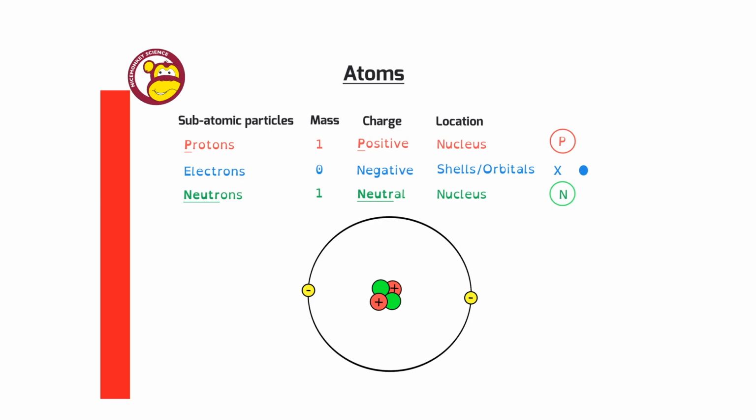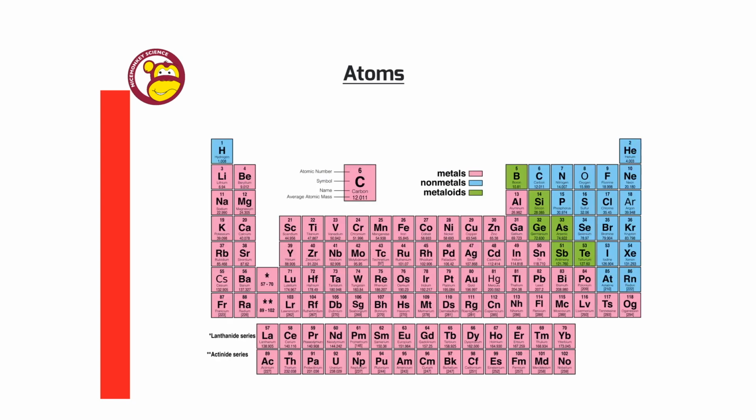They have a mass of 1, the same as protons, so they contribute to the mass of the atom, and they are found in the nucleus. And quite often they're just shown as empty circles, or you might see them shown as a circle with an N in the middle.